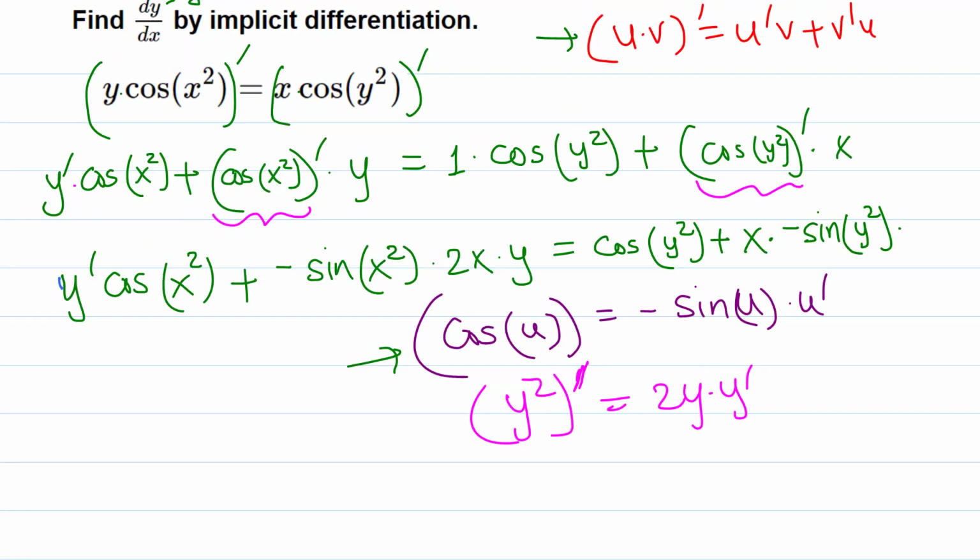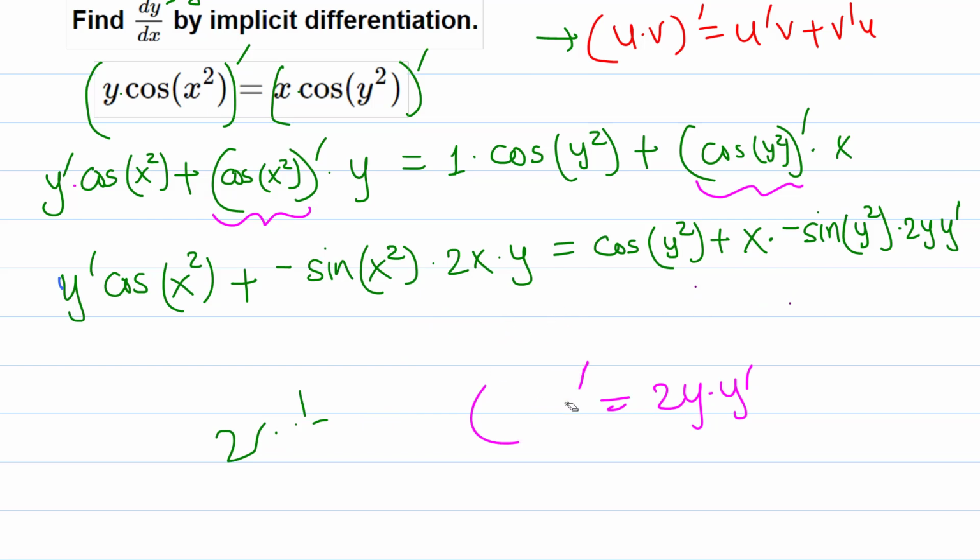So this is negative sine y squared times 2y y prime. Here we just wrote 2x because 2x x prime is the same as 2x, unlike 2y y prime, because x prime, the derivative of x with respect to x, is 1. So the derivative part is now done. There is nothing left to differentiate.